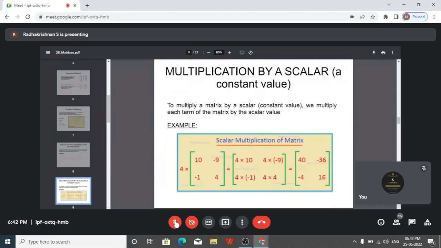So if the matrix has 10, minus 9, minus 1 and 4, and we multiply by 4, 4 is the scalar here. Every term is multiplied by 4 and it becomes 40, minus 36, minus 4, 16. This is multiplication by a scalar.